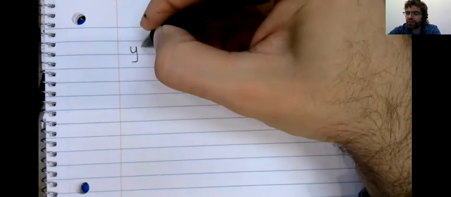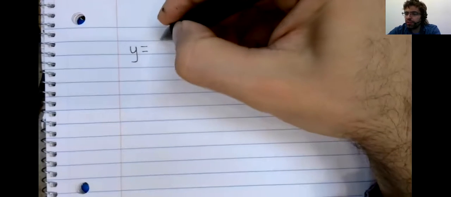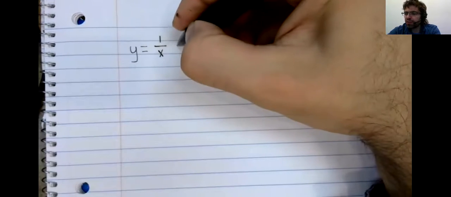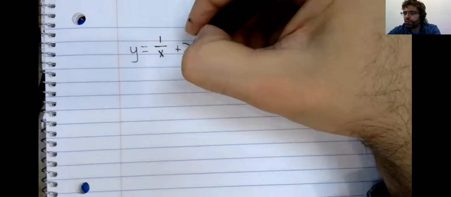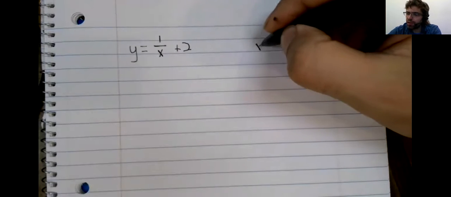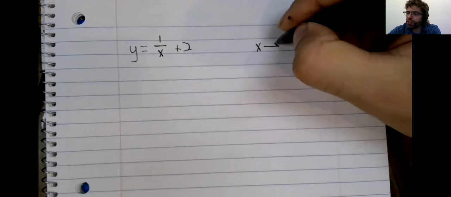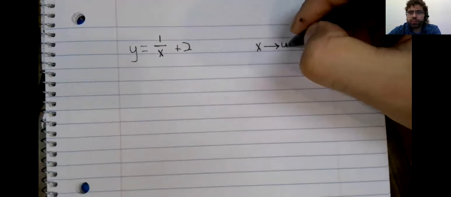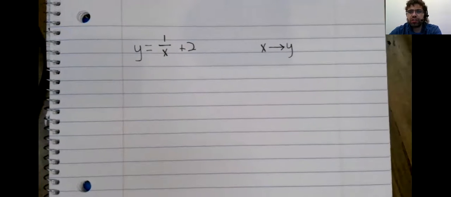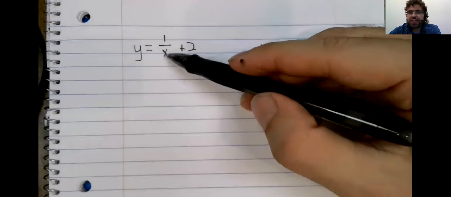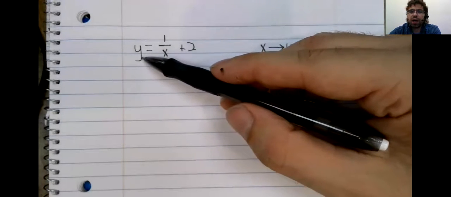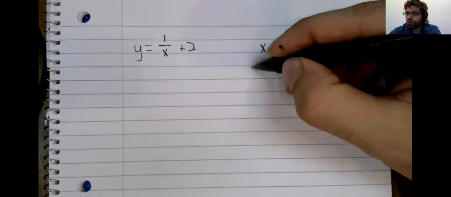Let's say you have y equals 1 divided by x plus 2. And we're not using function notation here, but we could certainly think of this as a function that takes x as its input and gives y as its output.